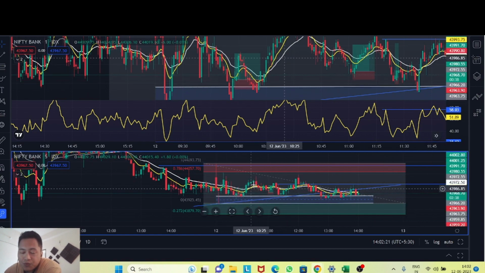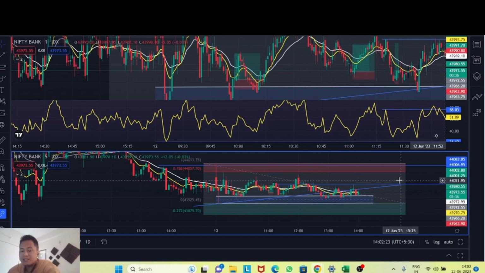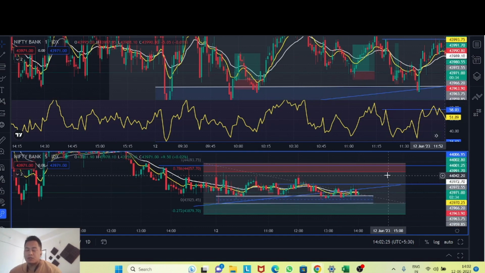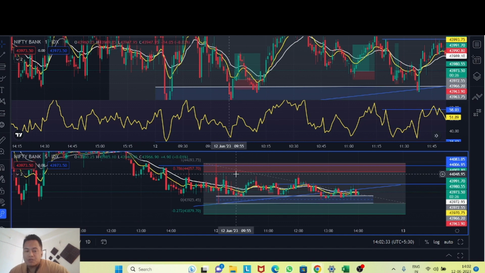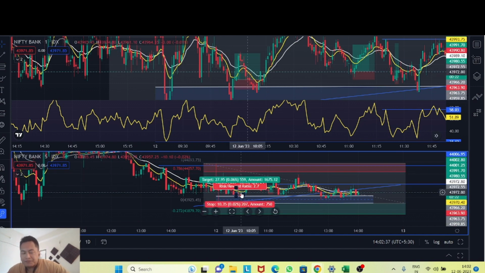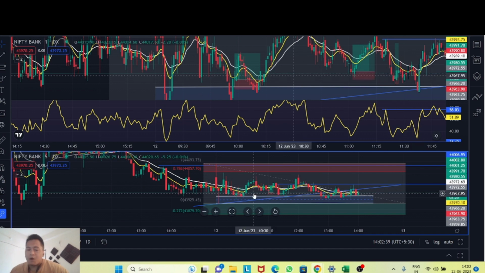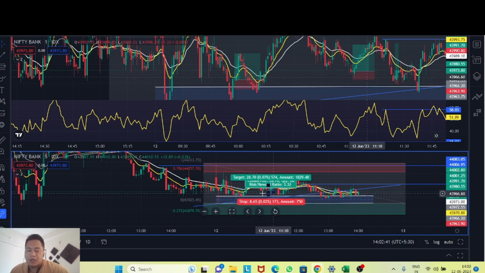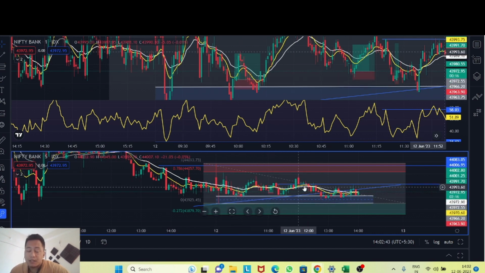If the market moves between the zones, only the sellers, I mean the sellers who have sold their contracts at the strike price, earn money because of time decay and lots of other factors. If you are an option buyer, then obviously it's going to be very difficult to earn money in this type of market.